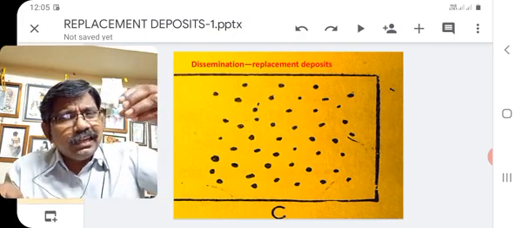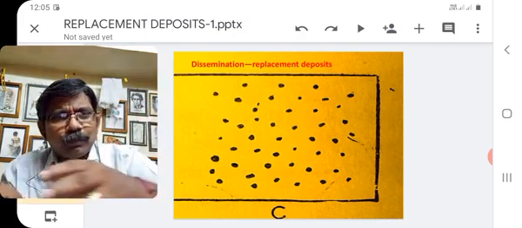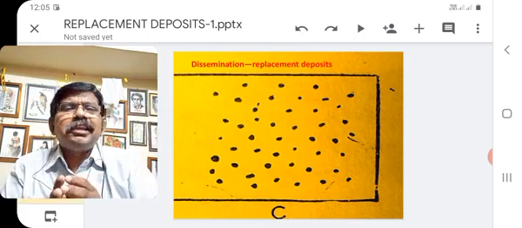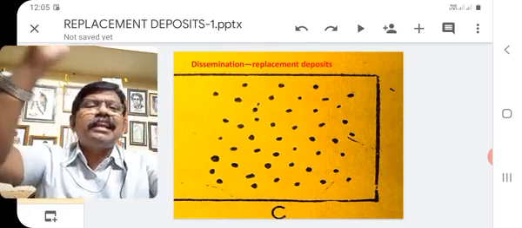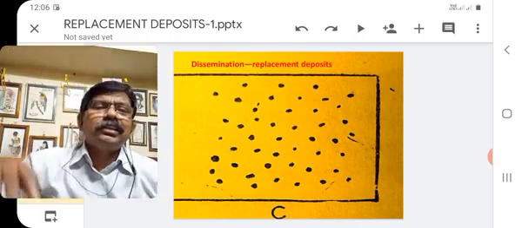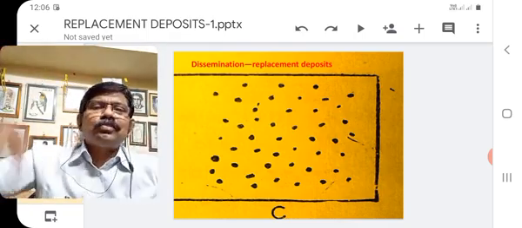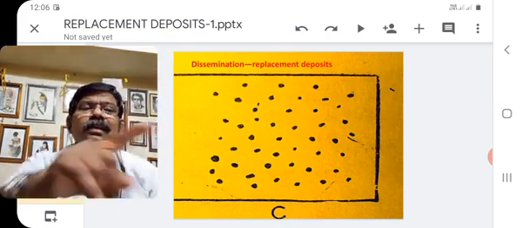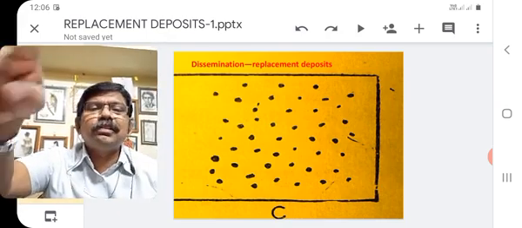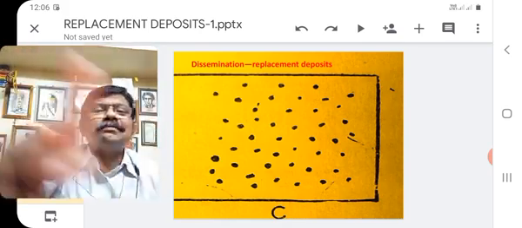Immediately, once it enters one pore, one empty place, it will distribute just like channels, like canals, throughout the rock. Immediately they will flow in all directions, and it will consolidate like this over the total area.